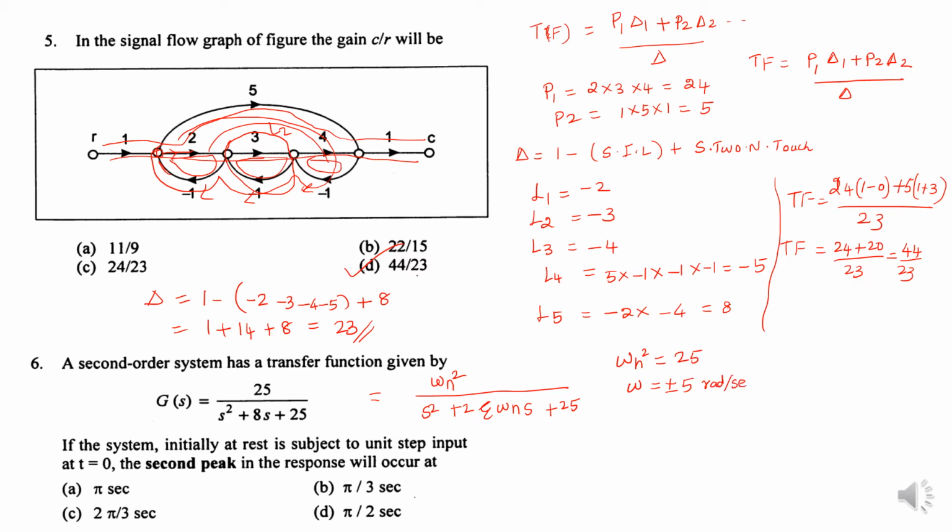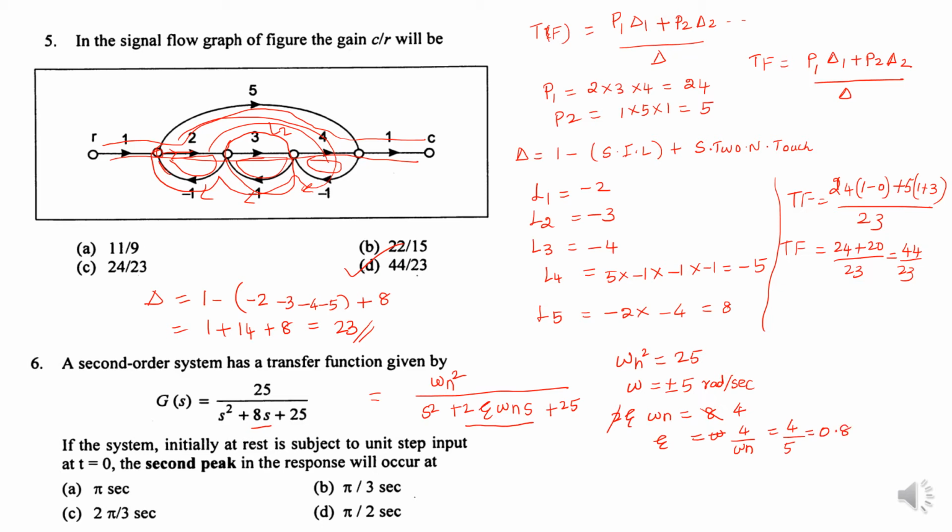We have to take the plus value. And next take 2 zeta omega n, equated with 8. Cancel this 4, and zeta equals 4 divided by omega n. What is the value? 4 divided by 5, 0.8. Okay, this is the zeta value.